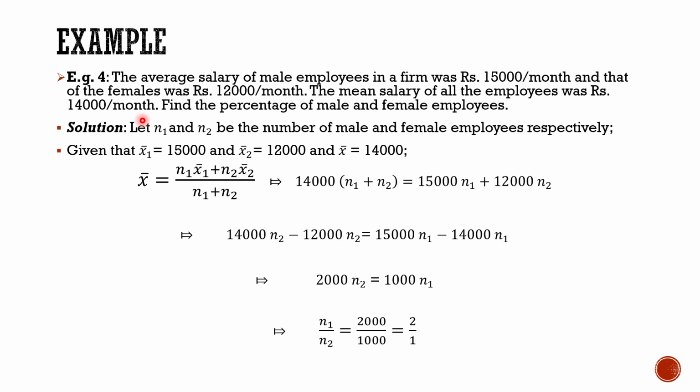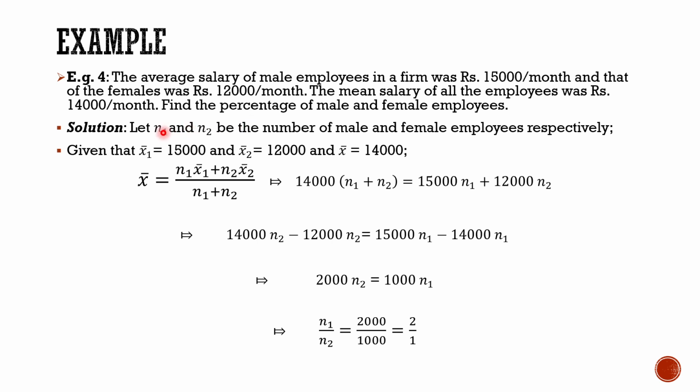And if we take a simple example here, the average salary of male employees in a firm was rupees 15,000 per month, and for the females it was 12,000 per month. We know that the employees were getting 14,000 per month on average. This was the composite mean. Now find the percentage of male and female employees in that particular company.